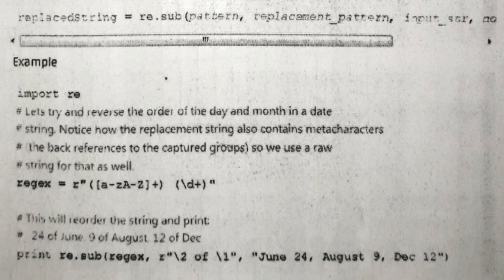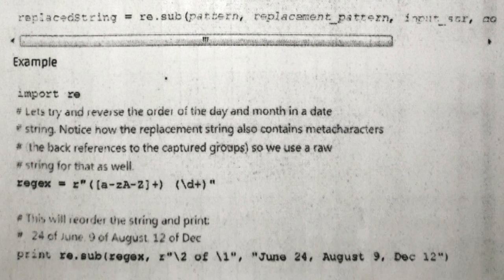Now next we are making use of the sub function here. Just see the example: import re we have written. Then we have the same pattern again, but now within a round bracket we have A to Z, after that A minus Z plus 1. So this is our first group.